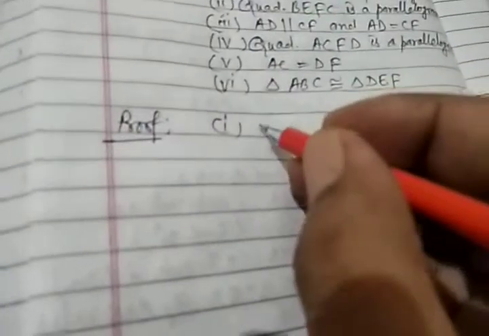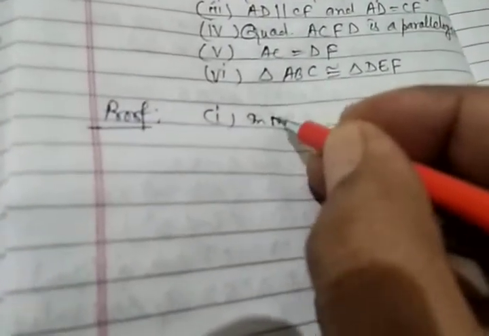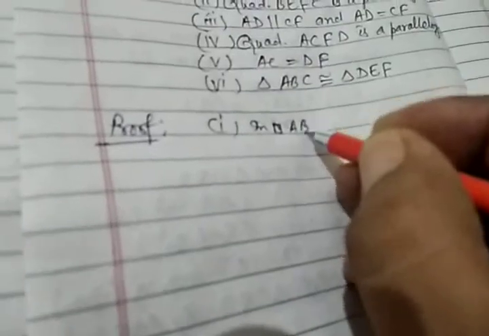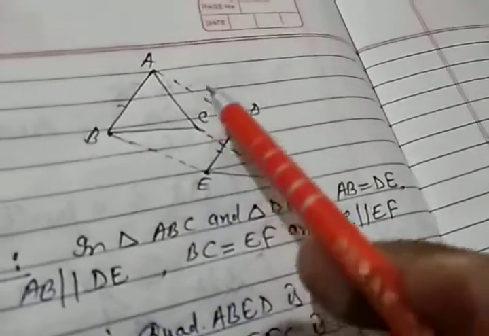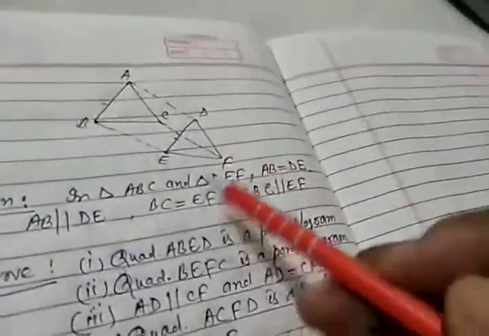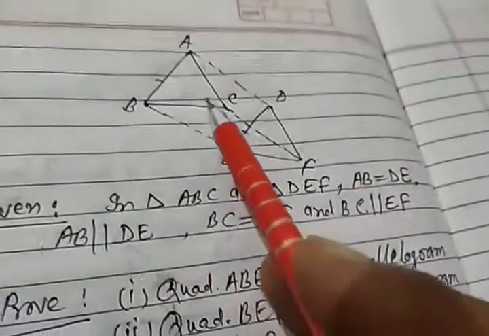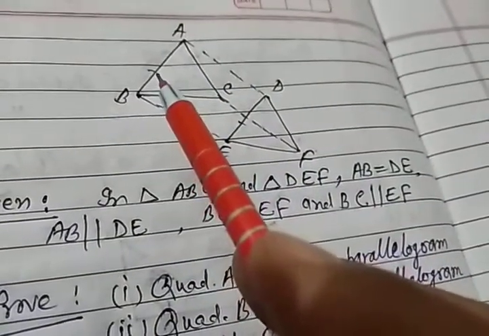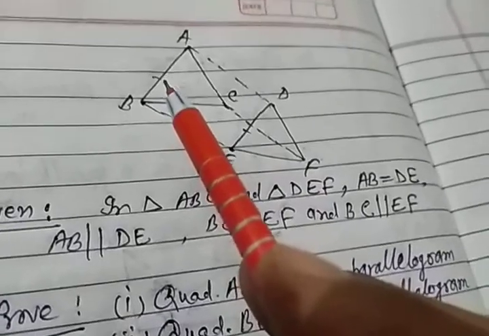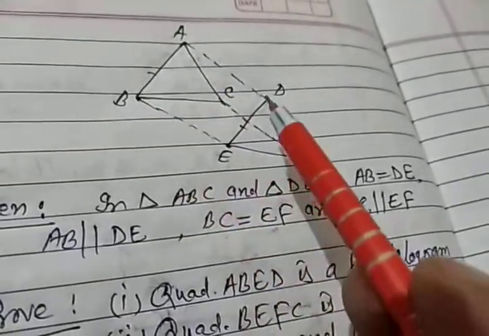First part, in quadrilateral ABED, see from figure, AB equal DE, given in question, and AB parallel DE. So here one pair of opposite sides of the quadrilateral is parallel and equal, then it will be a parallelogram by the property of parallelogram.